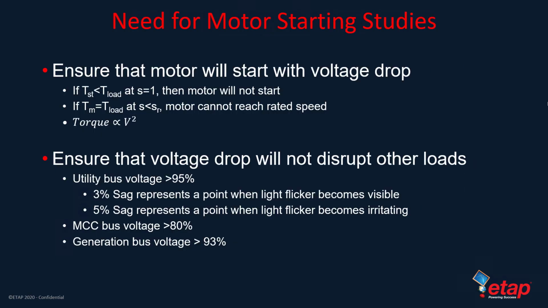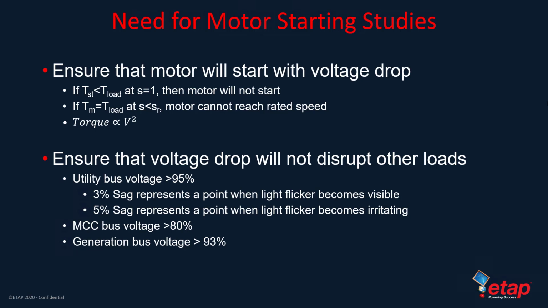All right, so why do we need to perform motor starting studies? Essentially, the main two items are, number one, to ensure that the motor will actually start with the voltage drop that is present, and number two, to ensure that the voltage drop will not disrupt other loads.